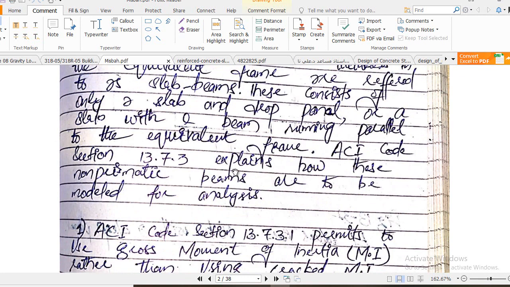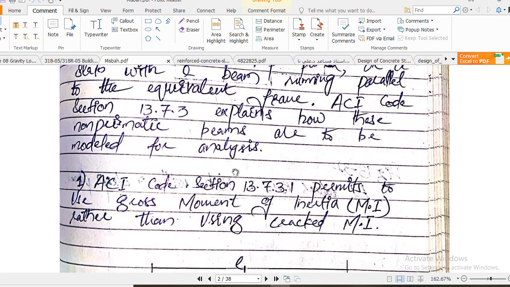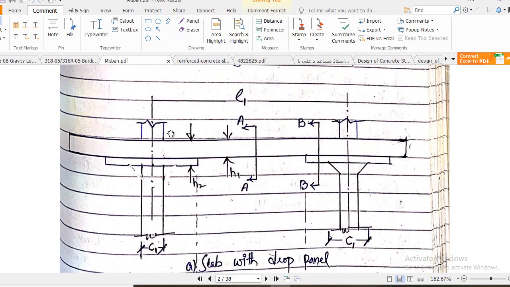So there is a procedure, because in this figure you see that the section of this frame between these two columns is changing. So these are non-prismatic members. The moment distribution method, which we basically learned in our bachelor's, uses a constant EI, a prismatic member.